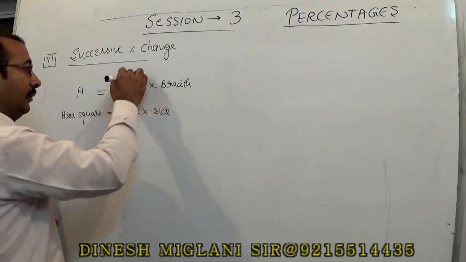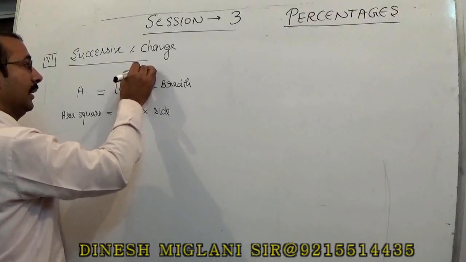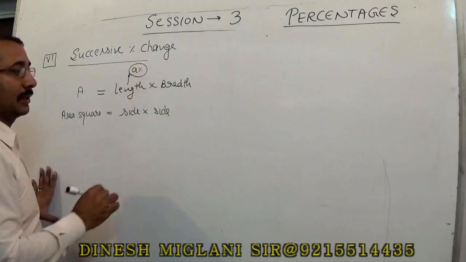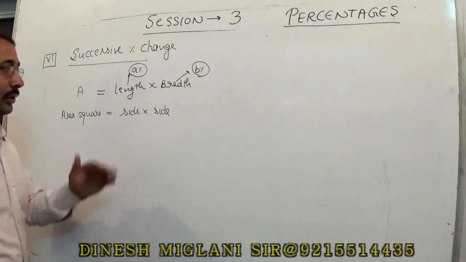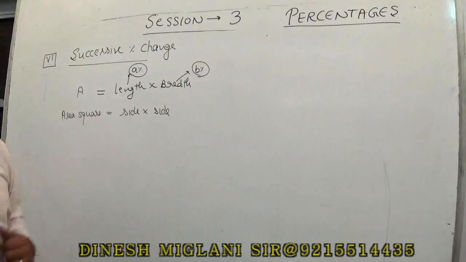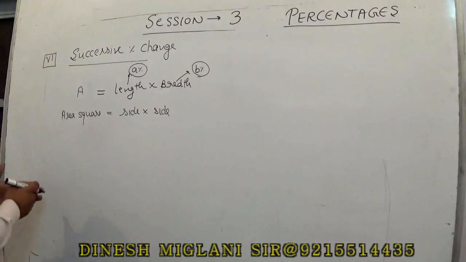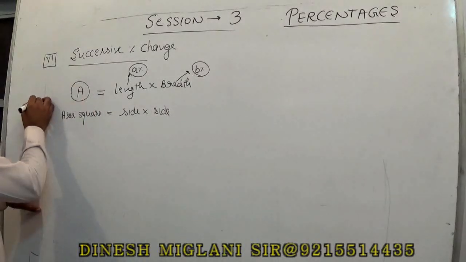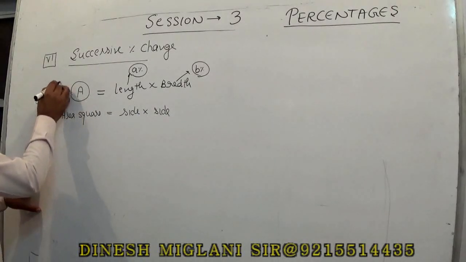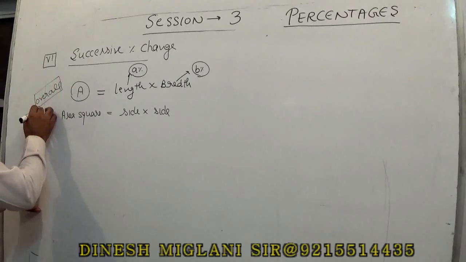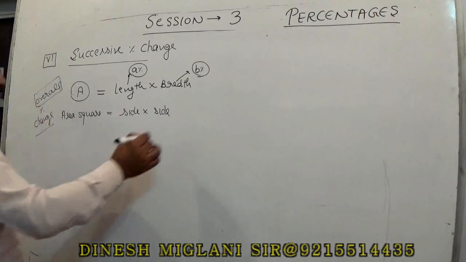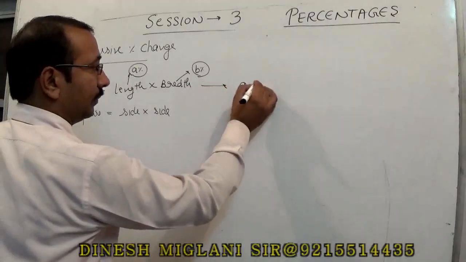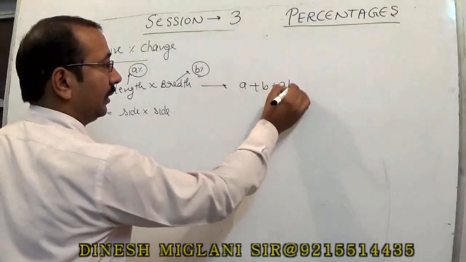If first percentage change is A%, the second percentage change is B%, or there will be a third part, it is C%. So if you have to find the overall percentage change, you can apply the same formula: A plus B plus AB divided by 100.